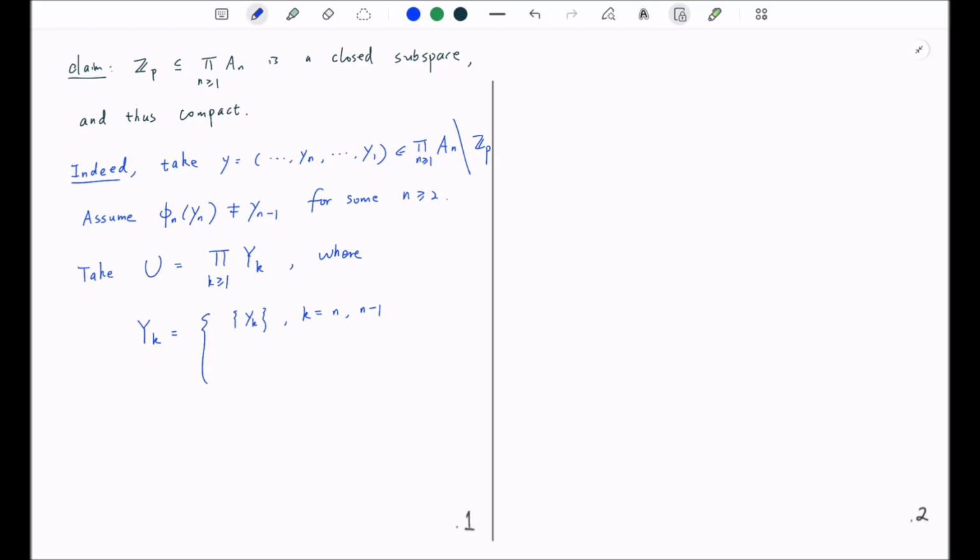Otherwise, we take Y_k to be the whole finite set A_k. Now, by the definition of the product topology, we know that U is an open subset of this product space.